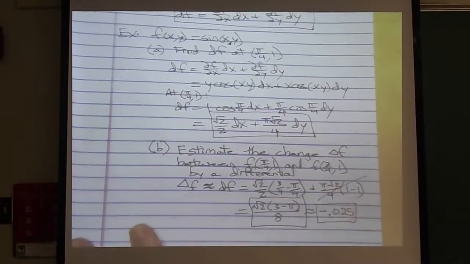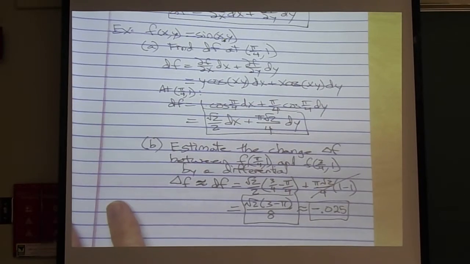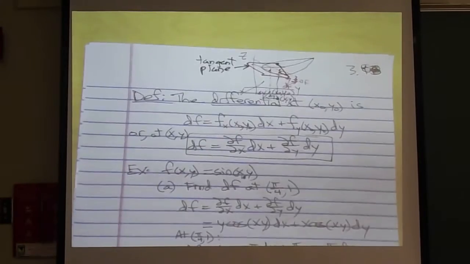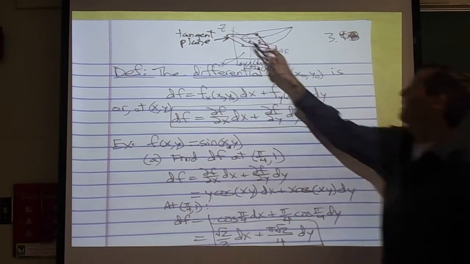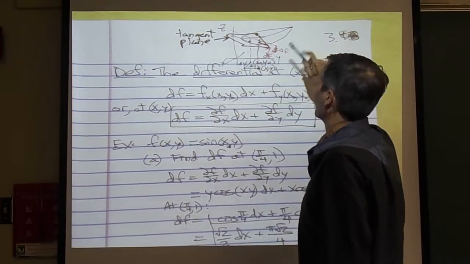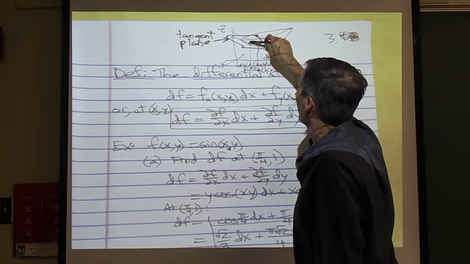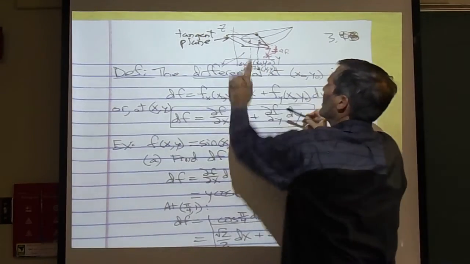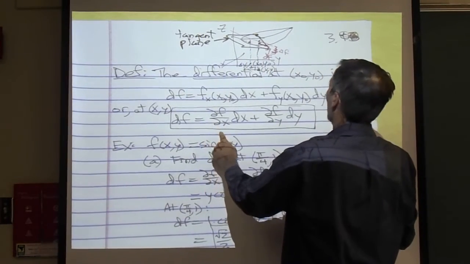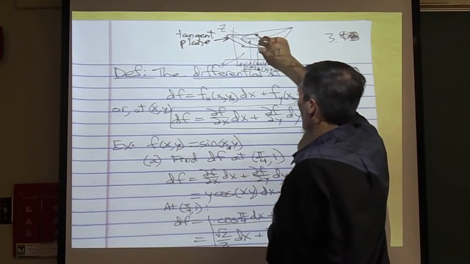Now, you can use that to estimate the actual change in the function. Here's the picture. Let me show this at the top. The idea is if you have z equals f of x, y, this whole shape here, and at x0, y0, this is the value of the function, this height right here. The increment in the function is f at the new point minus f at the old point.